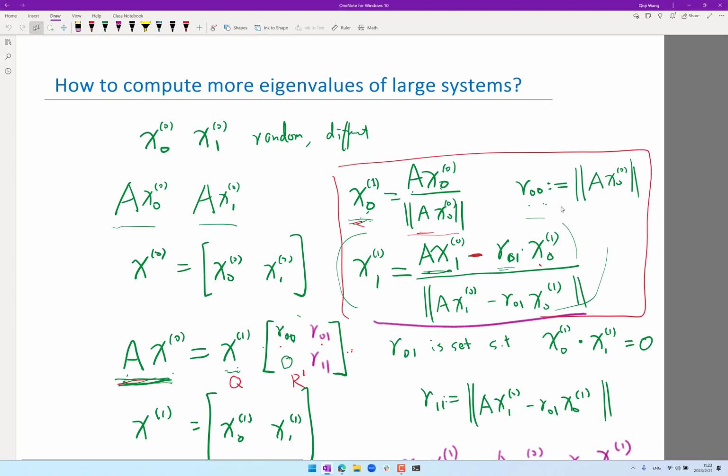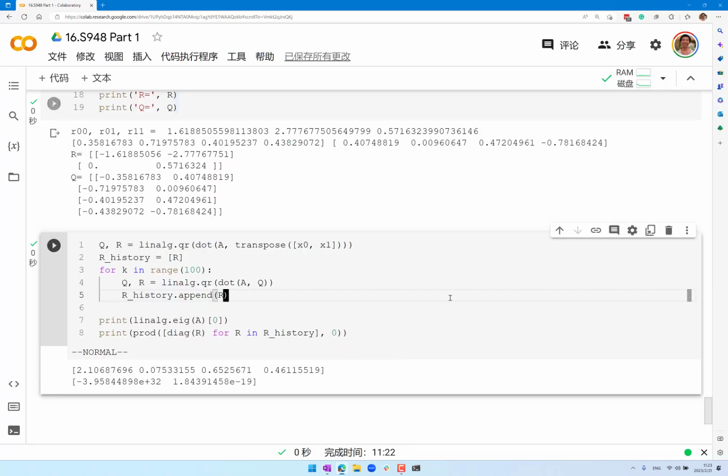Okay, so let's first figure out what is the product of the R00s. It is actually the product of the magnitude of the first vector we got, right? Except there might be a sign difference. That's why there is a negative sign over here.